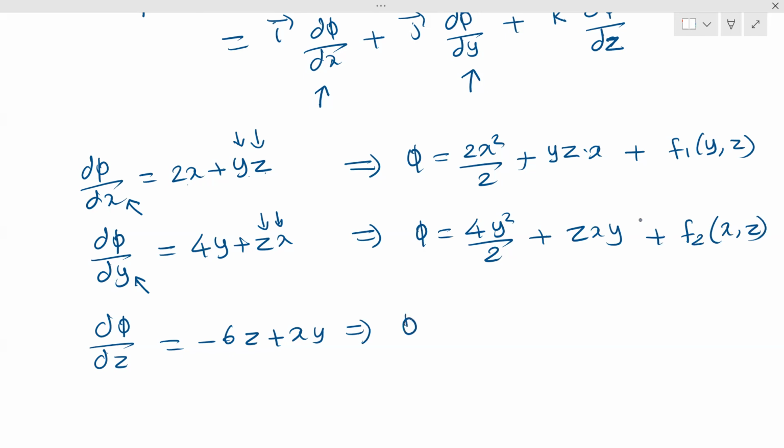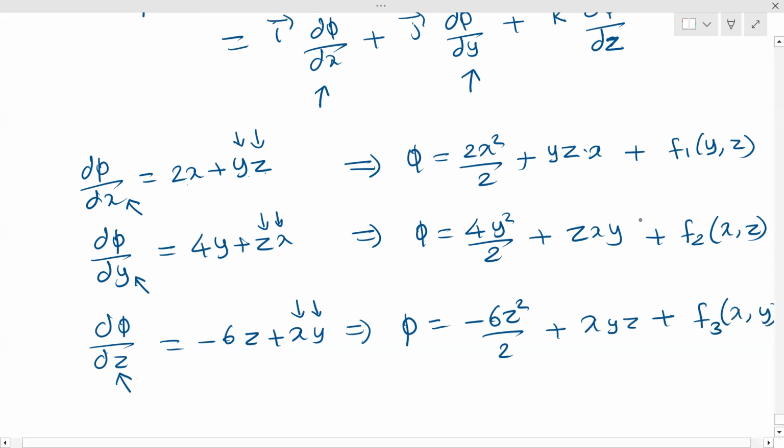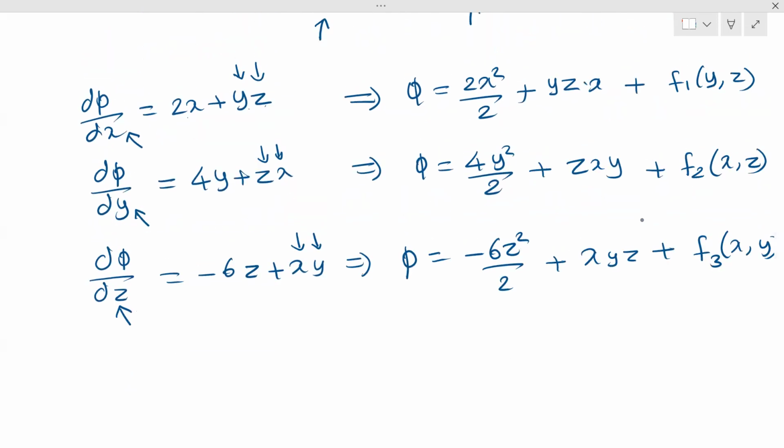Then third one, integration with respect to z, treating the other variables x and y as constant. So minus 6z square by 2 plus xyz. Plus here we are treating a constant of x and y. So when we combine all this, we have to write phi equal to, see here 2 gets cancelled, so x square plus xyz.